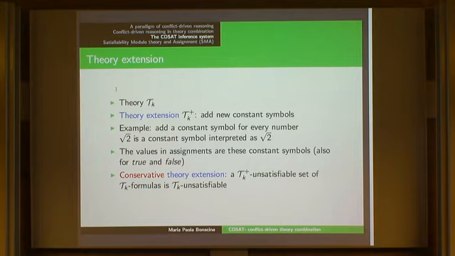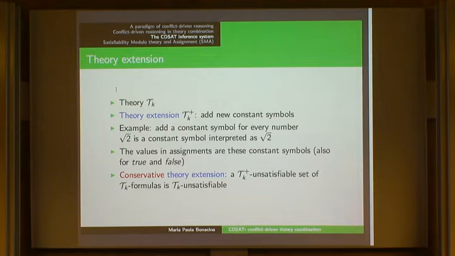For example, we may add a constant for every rational number if we are in arithmetic on the rationals. And we require these extensions to be conservative, which means they do not change the problem. By definition, being conservative means that if a set in the extension is unsatisfiable, then it is unsatisfiable also in the original theory.